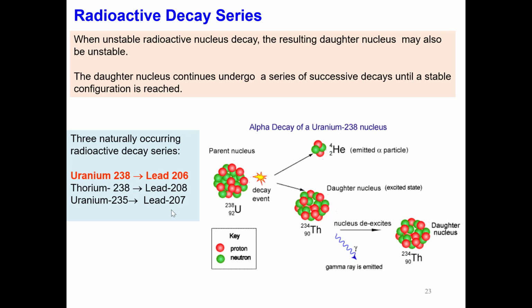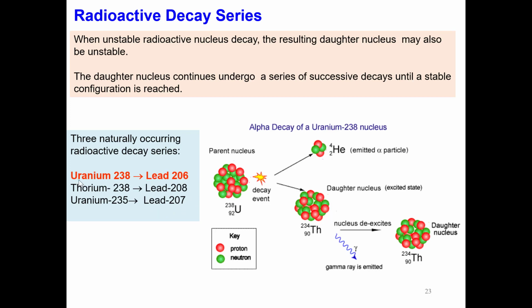There are three naturally occurring radioactive decay series. One is uranium-238 into lead-206. The other one is thorium-238 into lead-208. And the last one is uranium-235 into lead-207. We can see all of them decay into lead, but different isotopes of lead.